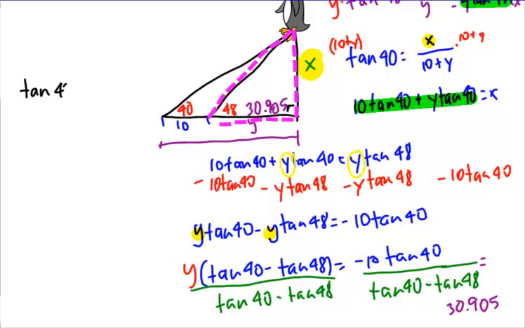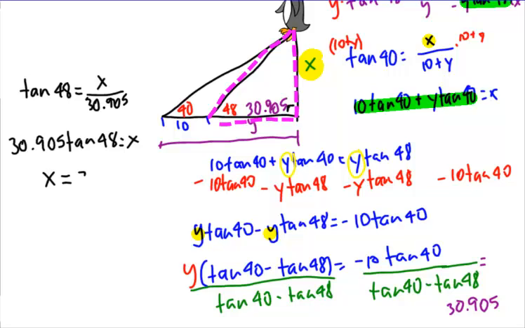So the tangent of 48 is equal to the opposite over the adjacent, which in this case is 30.905. So when you solve for x, you get this funky looking decimal. And go ahead and punch all that in. Again, you need to be in degree mode. And when you do that, you're going to end up with x equals 34.32 feet.